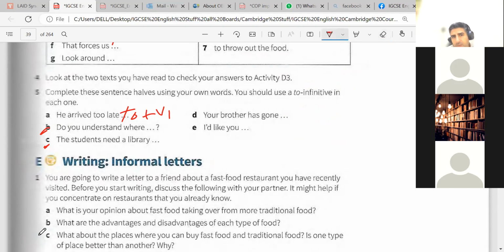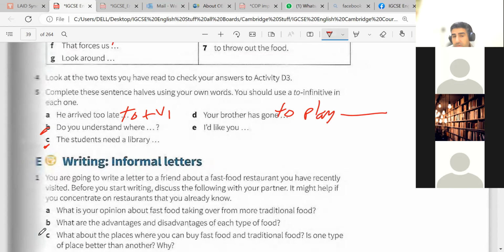Juri, what did you write, please? For D? Yeah, D and E, please. Okay, for D, your brother has gone to play a football game. Your brother has gone to football game. To what? To play a football game. Okay, your brother has gone to play blah blah blah. Okay, any sport, no problem. Perfect.